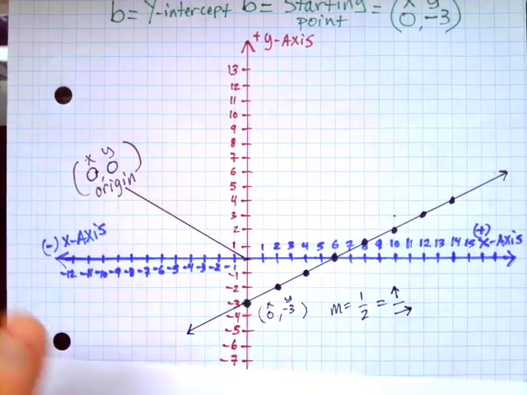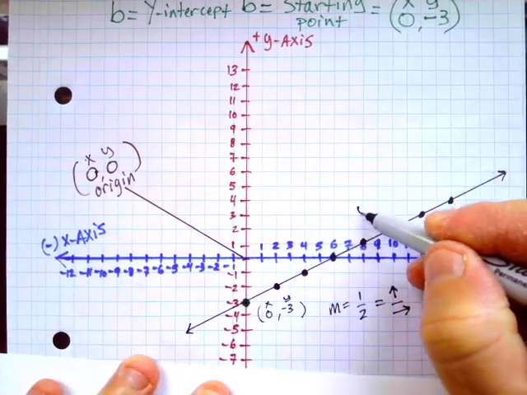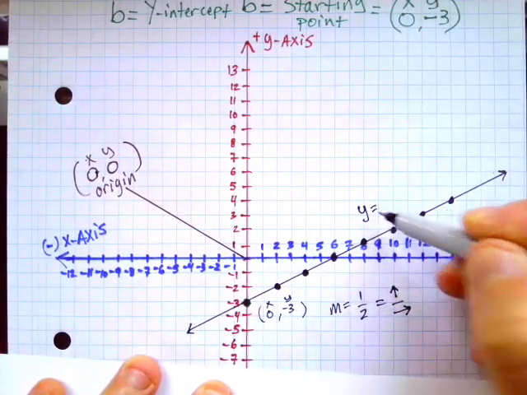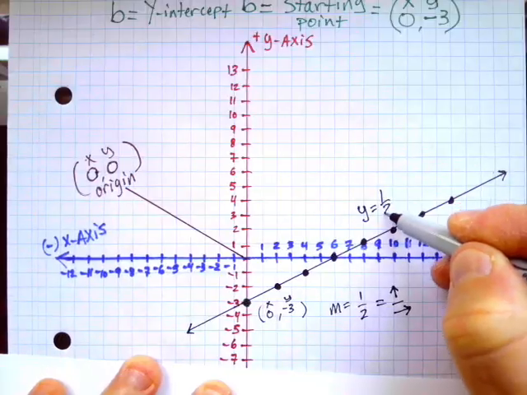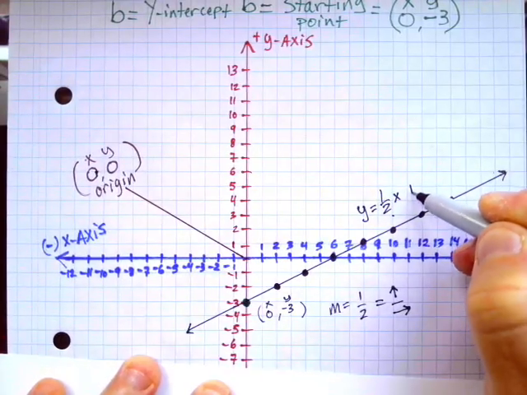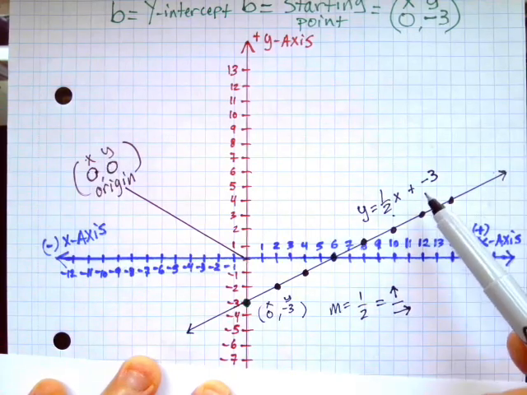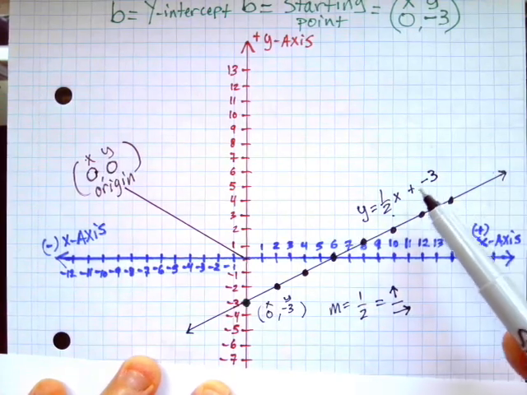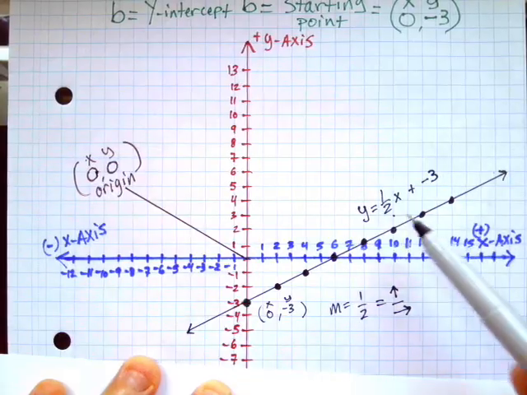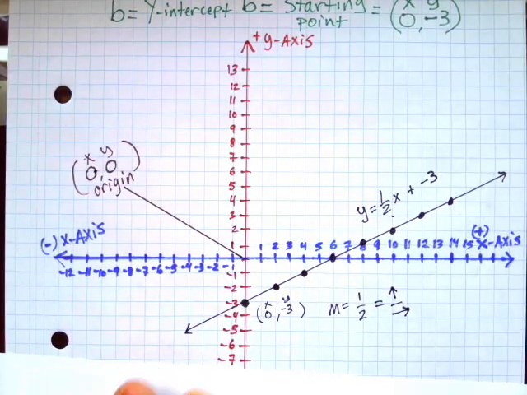And here you can even label this linear equation, or straight line, y equals 1/2 x plus a negative 3. You don't have to have that plus sign. It just separates the terms and clarifies what we are doing here.